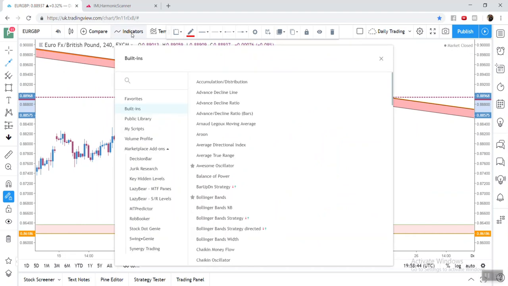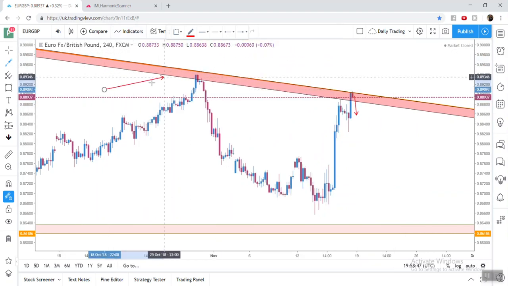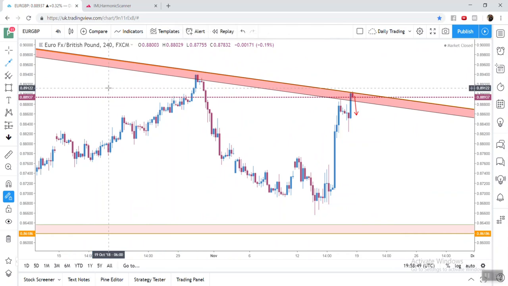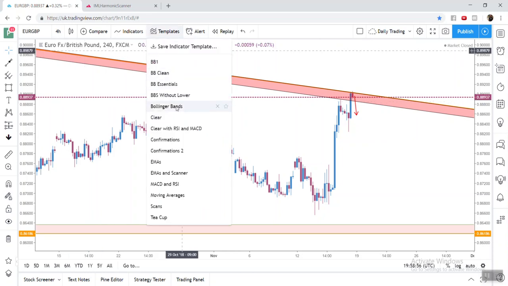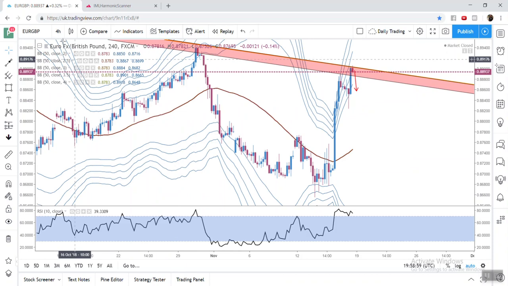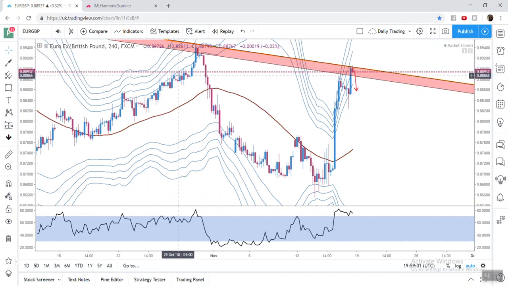If we have a look for additional confirmations, if you would like some, we can see that price is within our Bollinger Bands and price is overbought and it's starting to turn, which again is another indicator that price is expected down.